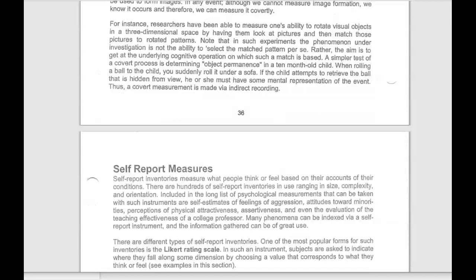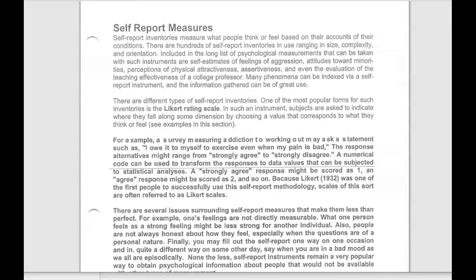That's different than the third and final one, self-report, asking people what they think or what they feel, even if it's in a number score format. See, we talk about Likert here, 1932. He's the one who invented that, on a scale of 1 to 9, on a scale of 1 to 5. That's the Likert scale. He invented that as a way to put a number score to a self-report measure.